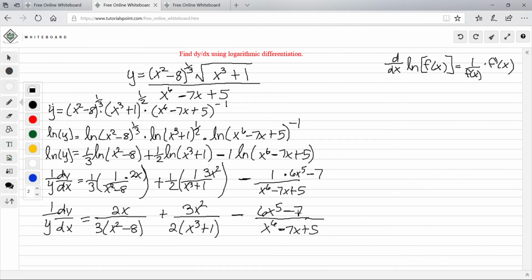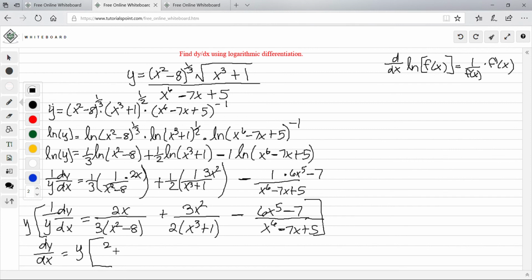Okay, now what we have to do is get dy/dx by itself, so we're going to multiply left and right side by y. So I'm going to use brackets, so I'm going to multiply everything by y. So you get dy/dx equals y, and then I'm going to put a bracket, and it's going to multiply this whole thing, right?